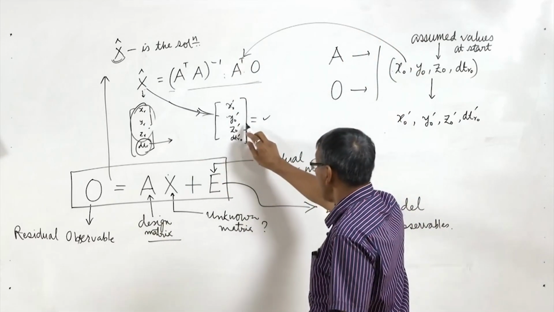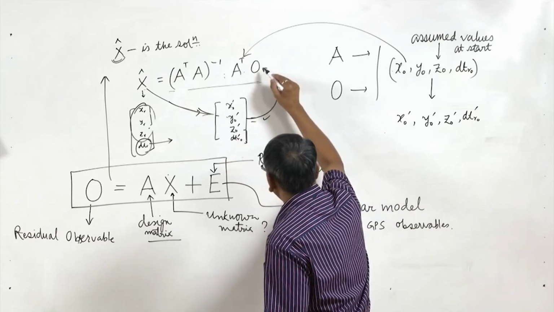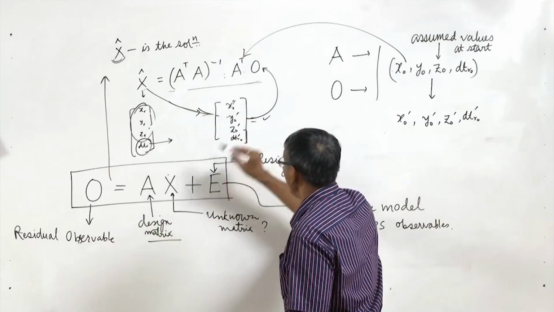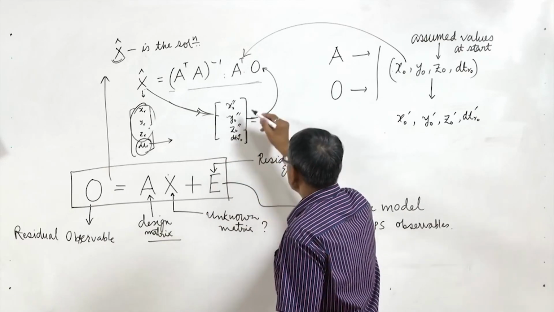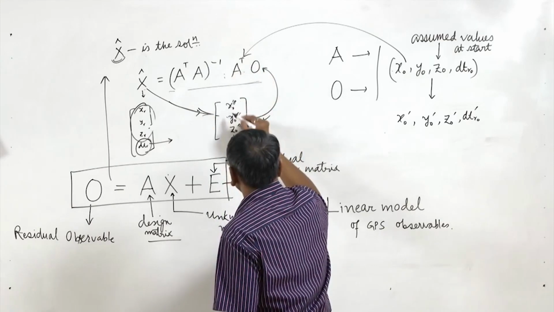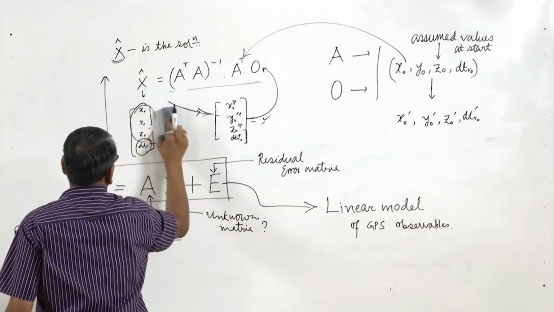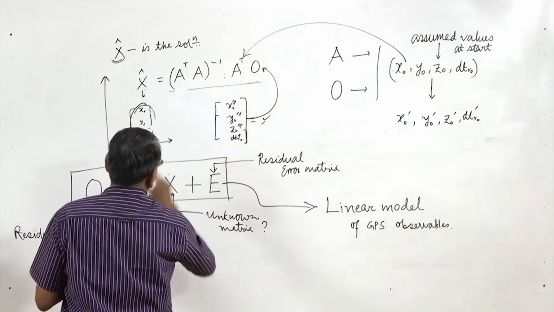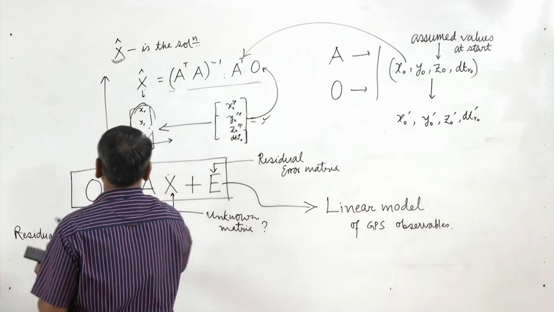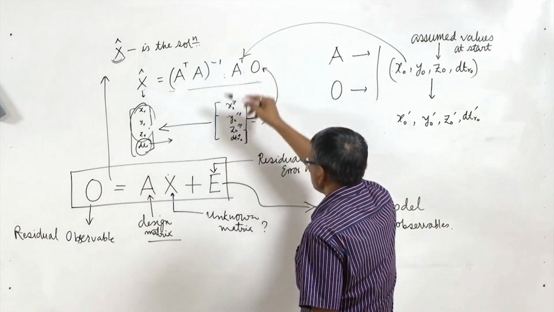Next time we will give this as the input to this and we will get some other value. Then again I will give this value, we will get some other value, and finally we will come to the unknown value. So, it is the iterative process.